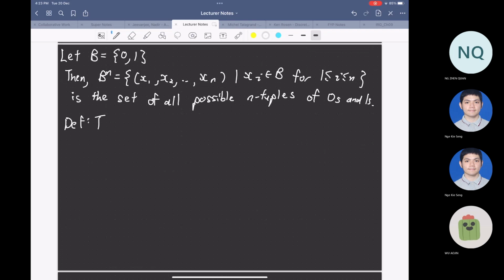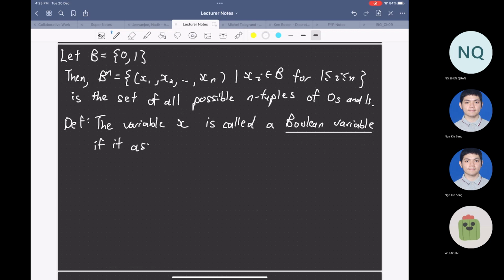And then we will call the variable x a Boolean variable if it assumes values only from B. Okay, so it can only take values 0 or 1. If the variable can only take values 0 or 1, we call it a Boolean variable. Okay.